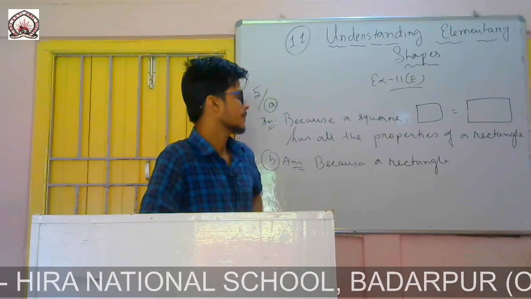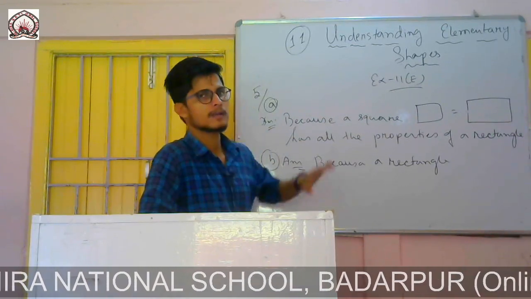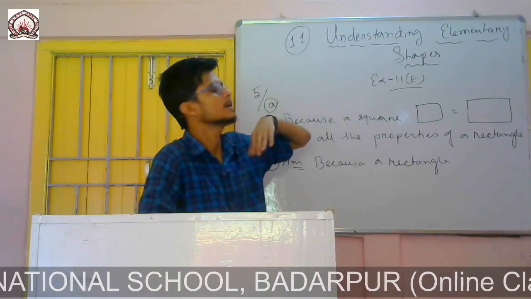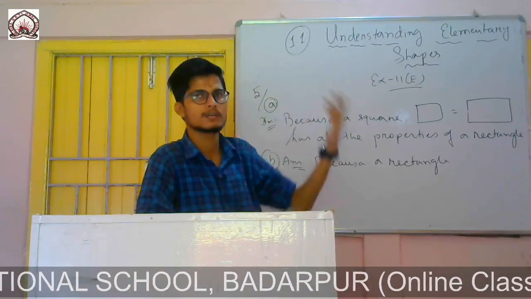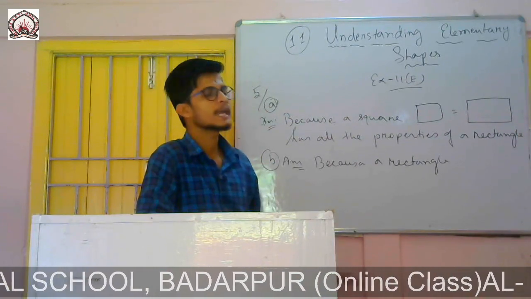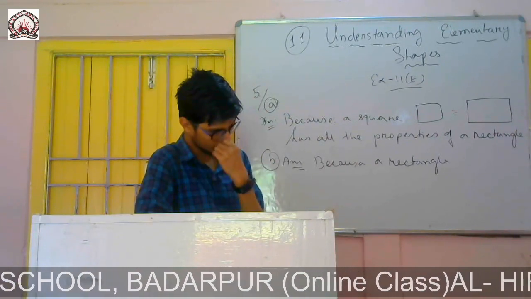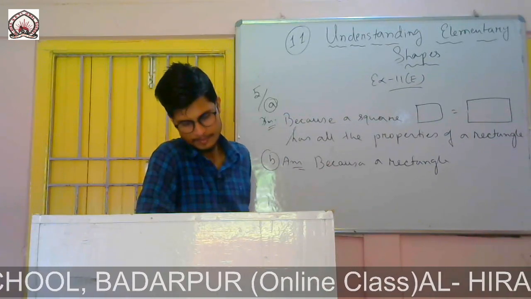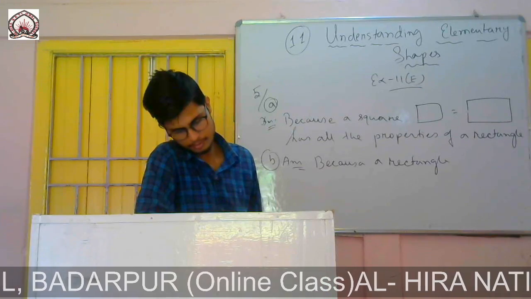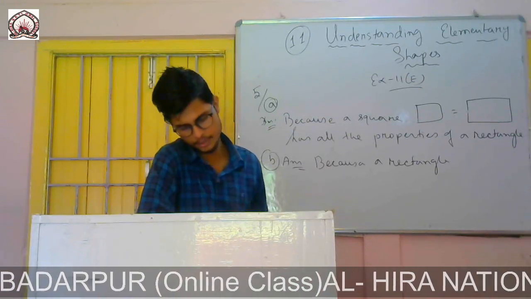Then in case of rectangle, the opposite lines are parallel to one another. In case of parallelogram also it is the same. Only in case of angle they are different. So I can say a rectangle can be thought of as a special parallelogram.